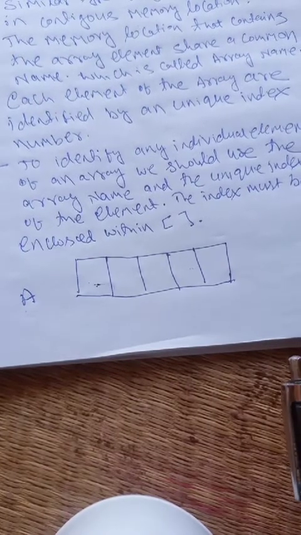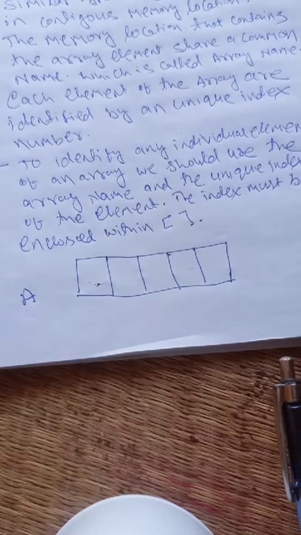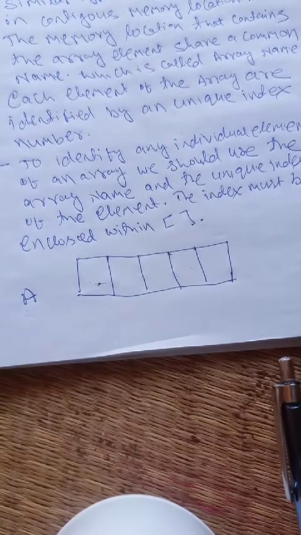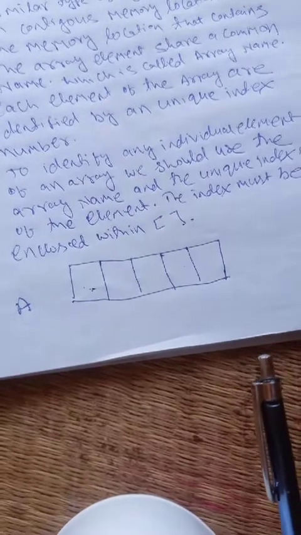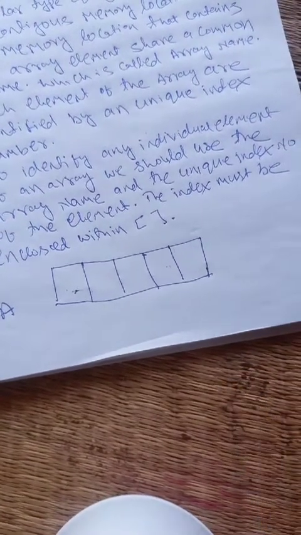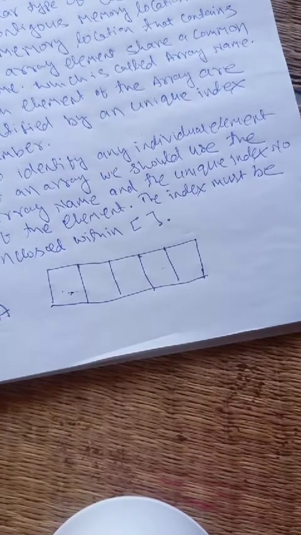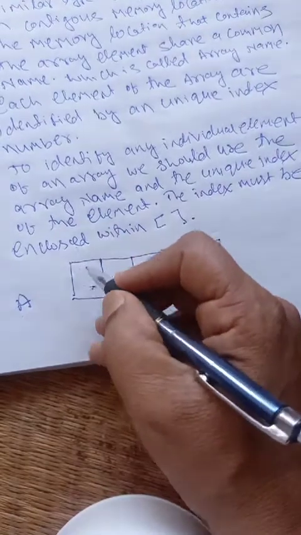The index number starts with 1 unless it is specified explicitly in a given programming language. There are many programming languages where the index starts with 0, but here in data structure we refer to the index of the first element as 1.